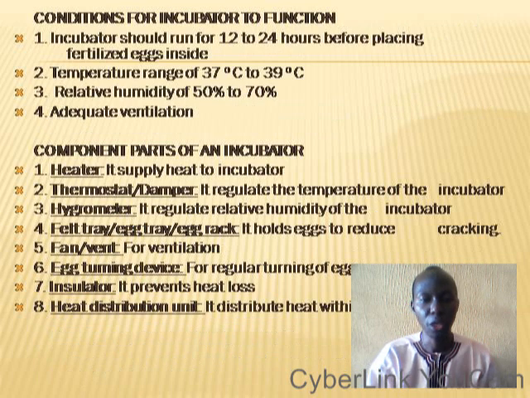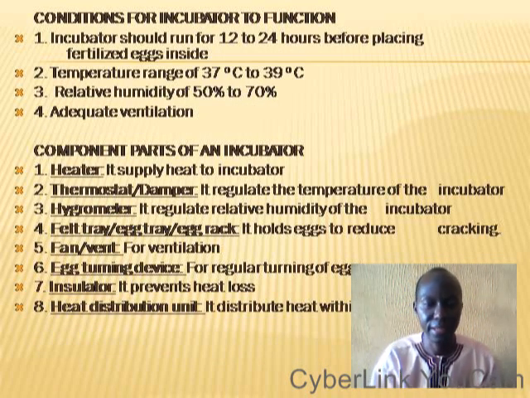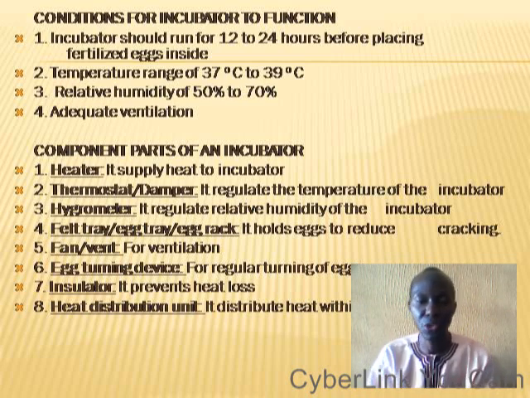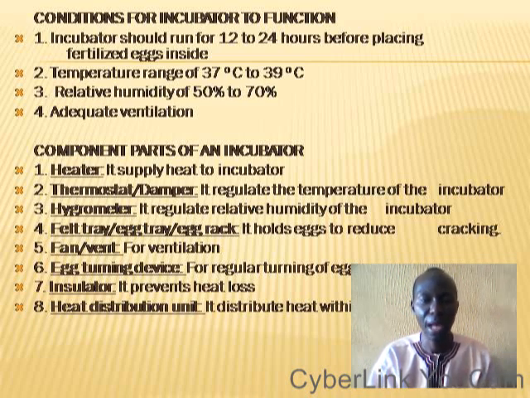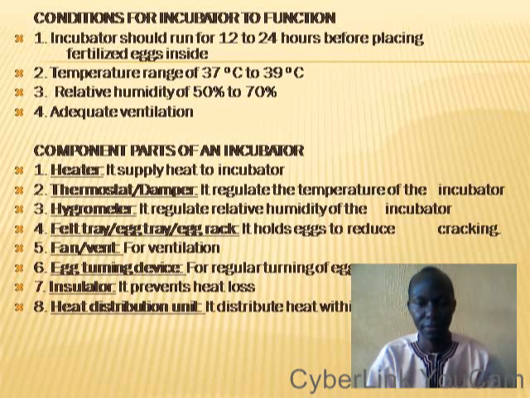The next thing here is conditions for the incubator to function. Before you can place the eggs inside the incubator, there are some conditions that the incubator is supposed to have. For example, the incubator should run for between 12 to 24 hours. That is, you have to switch it on and allow it to generate heat inside between 12 to 24 hours before you can place the fertilized eggs.